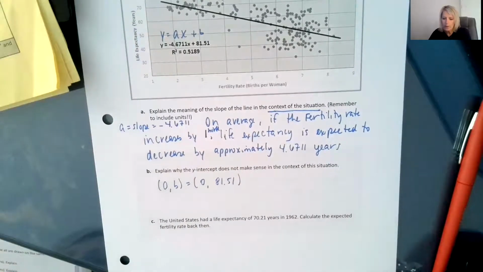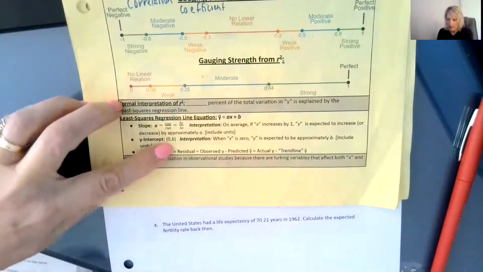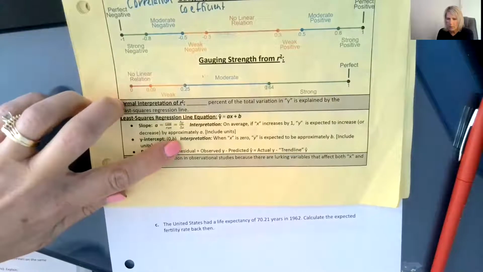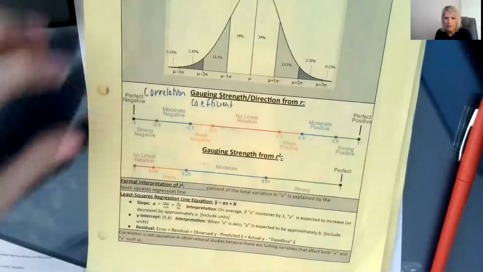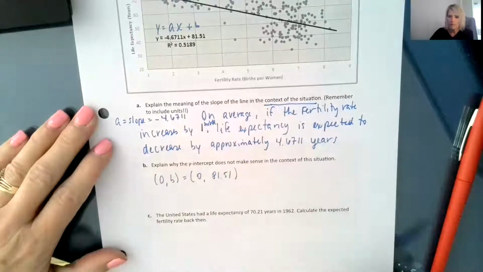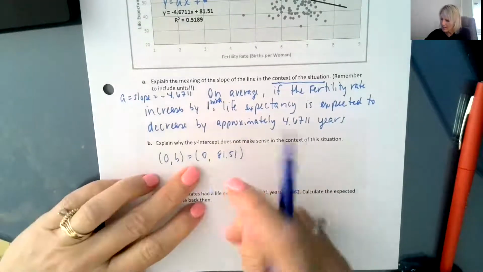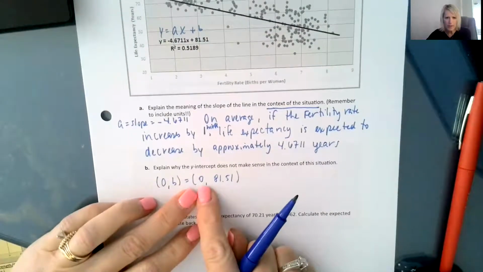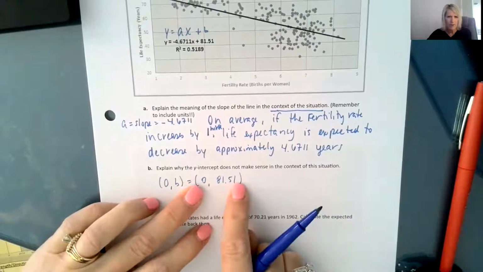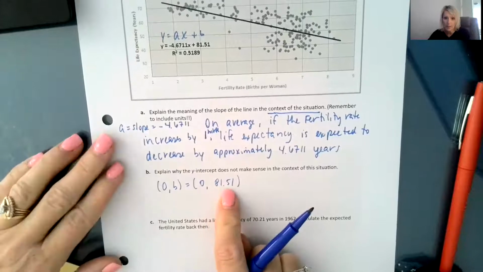We're not going to interpret it, but we're going to figure out why it does not make sense to have 0, comma 81.51. The reason is that if we don't have any birth rate, if the average woman doesn't have any children, they're going to live to be 81.